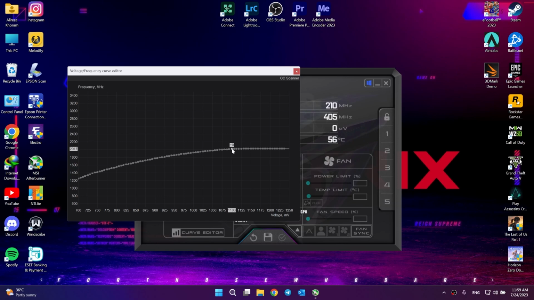As an example, my max frequency is running at something like 2017 megahertz with the usage of 1100 millivolts of voltage. Okay, I'm going to keep the exact same frequency while using a lower voltage just like this.